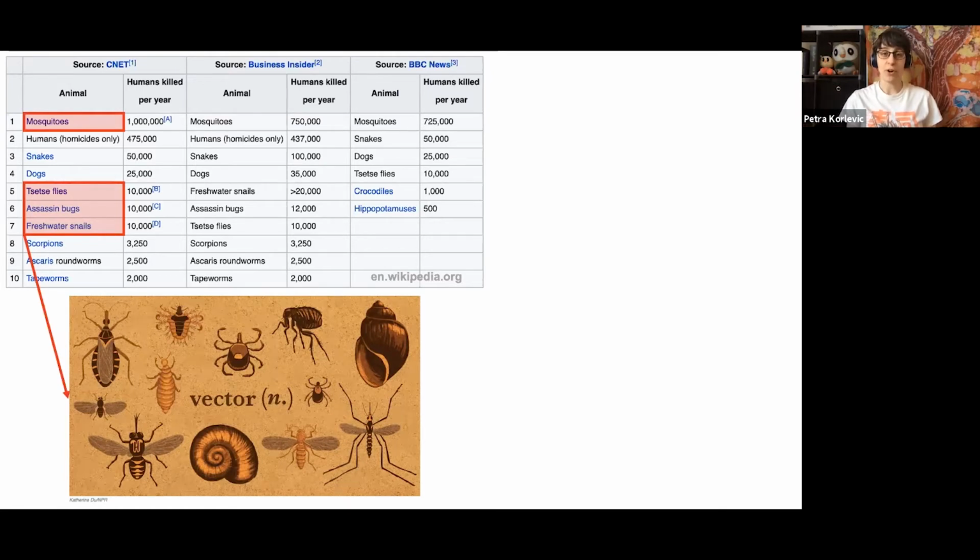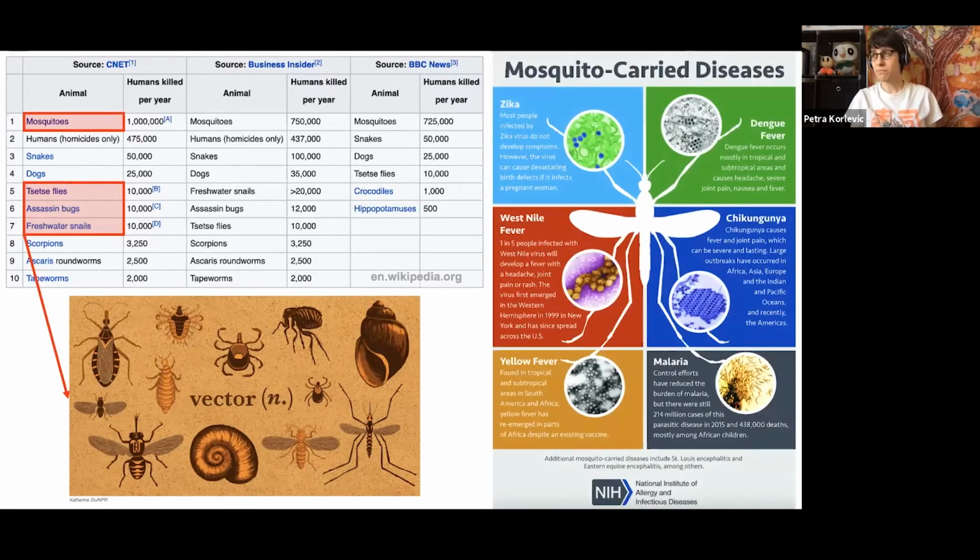But they also co-evolved a lot with humans. They feed on humans, so they're an extremely good vector. And they carry a variety of very different diseases, some deadlier than others. It's not that one type of mosquito carries everything.